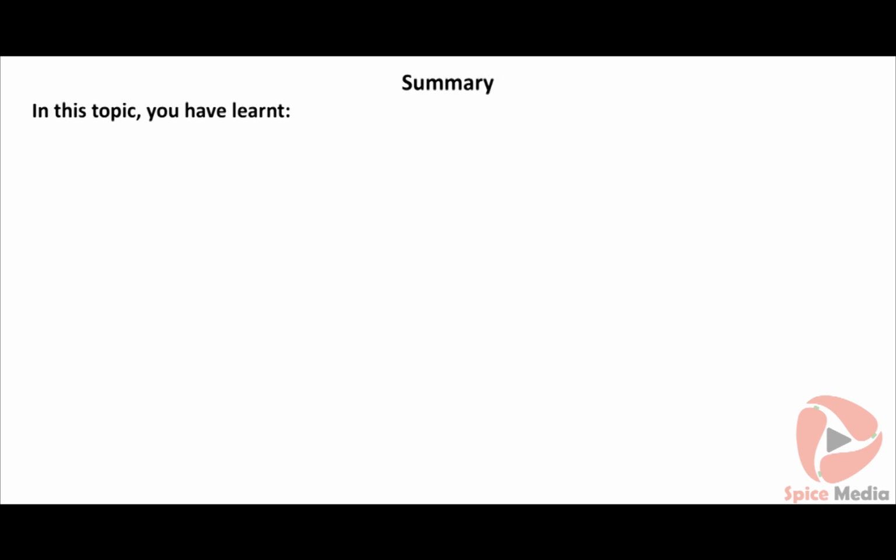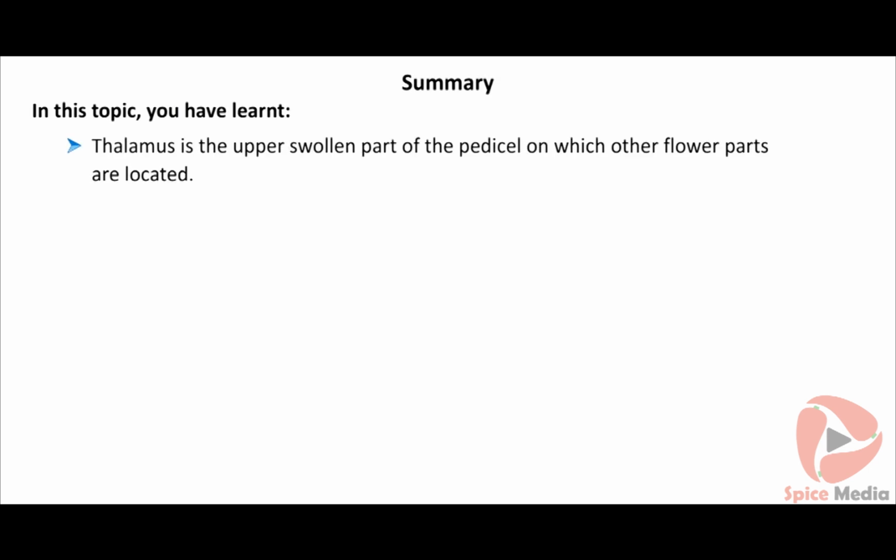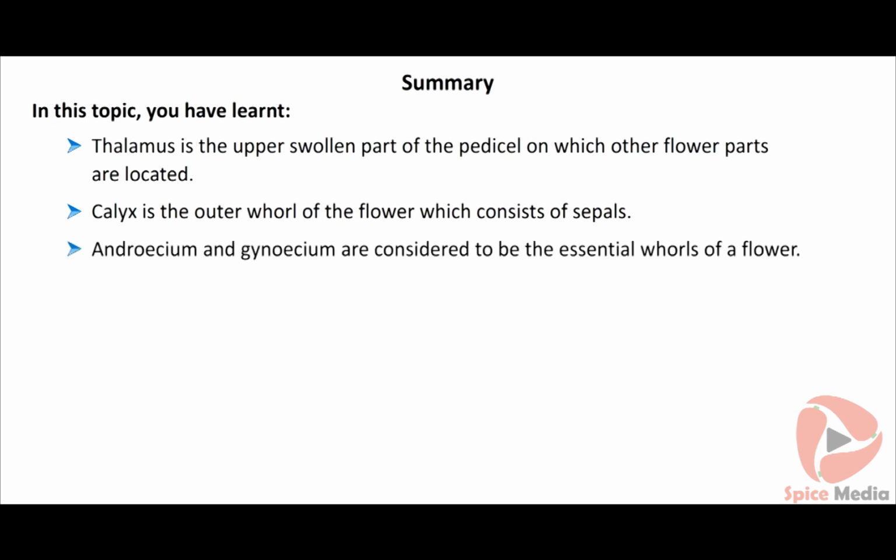In this topic you have learnt thalamus is the upper swollen part of the pedicel on which other flower parts are located. Calyx is the outer whorl of the flower, which consists of sepals. Androecium and gynoecium are considered to be the essential whorls of a flower.